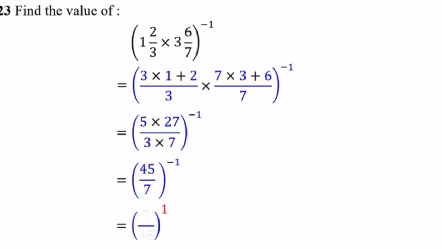Understand? When 1 divided by 45 over 7, you have to convert to 1 multiplied by 7 over 45. So finally your answer is 7 over 45. Okay, so that is the final answer for question 23.